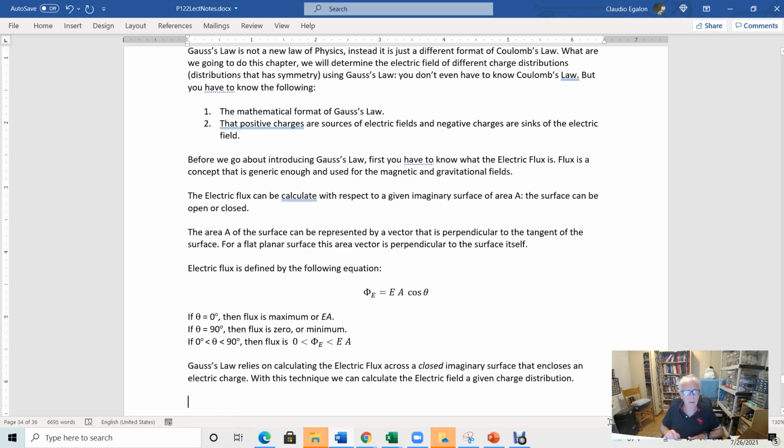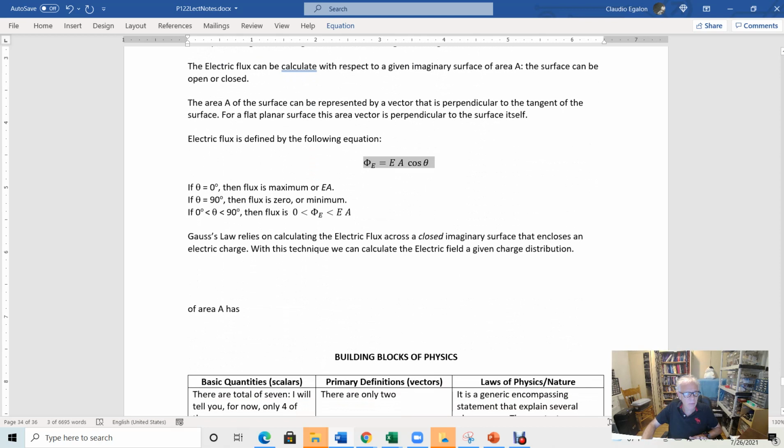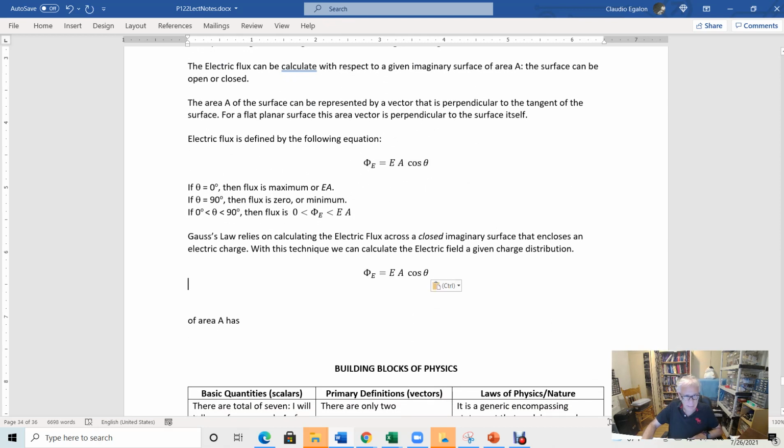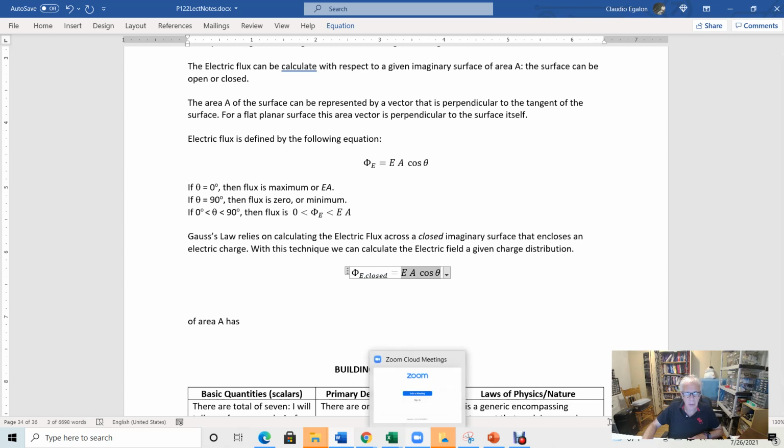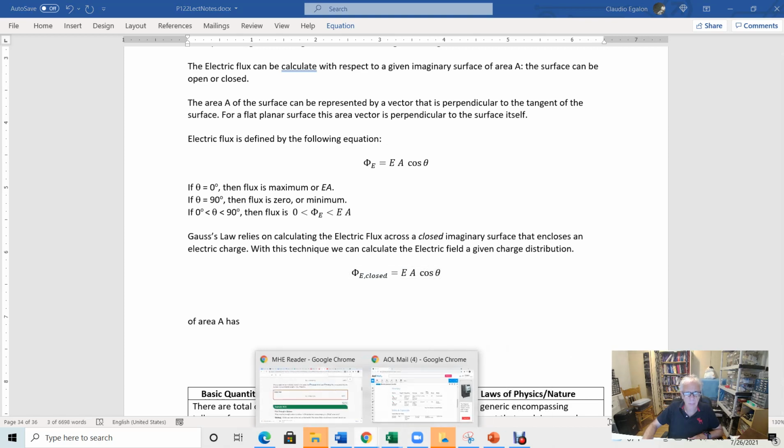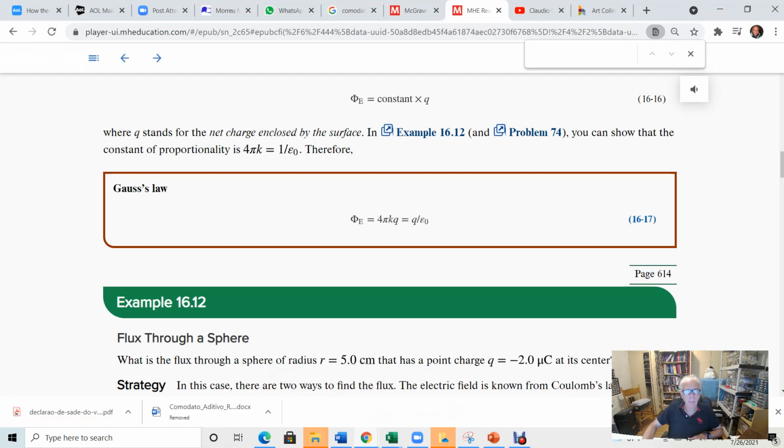Here you go, how do we write down Gauss's law? I'm going to put this is the electric flux of a closed surface enclosing an electric charge. Okay, so let's go back here. You're going to see the formula: 4 pi kq, or q divided by epsilon naught. That's what you have to know.